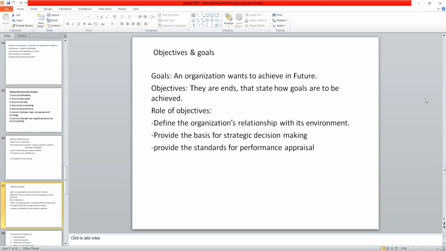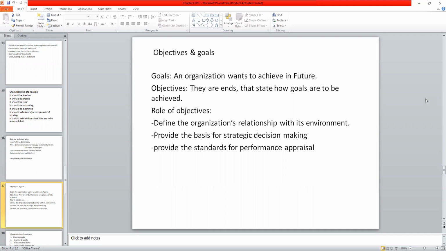And against this, if you see the objectives, they are the ends that state how goals are to be achieved. So we say that objectives are more precise towards gaining goals, and goals are more precise towards achieving the mission of the organization, which ultimately is transforming towards the vision statement of the organization.